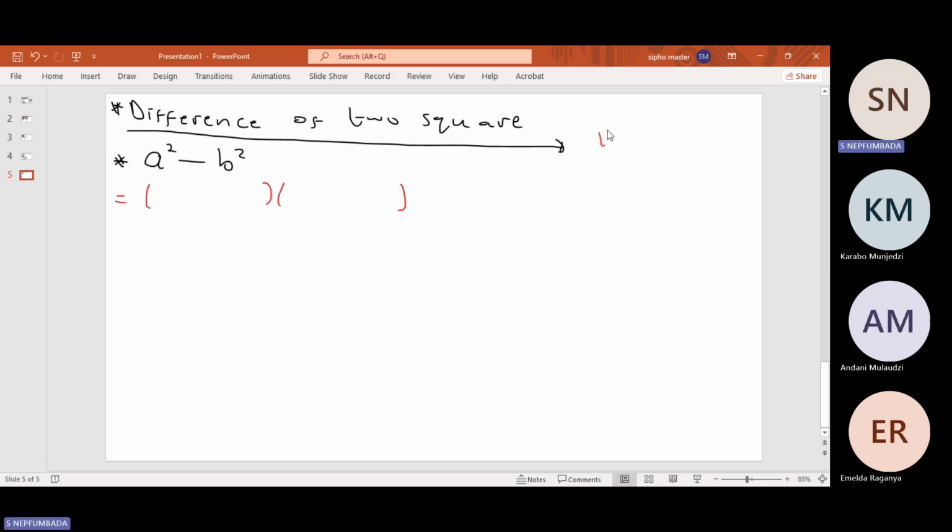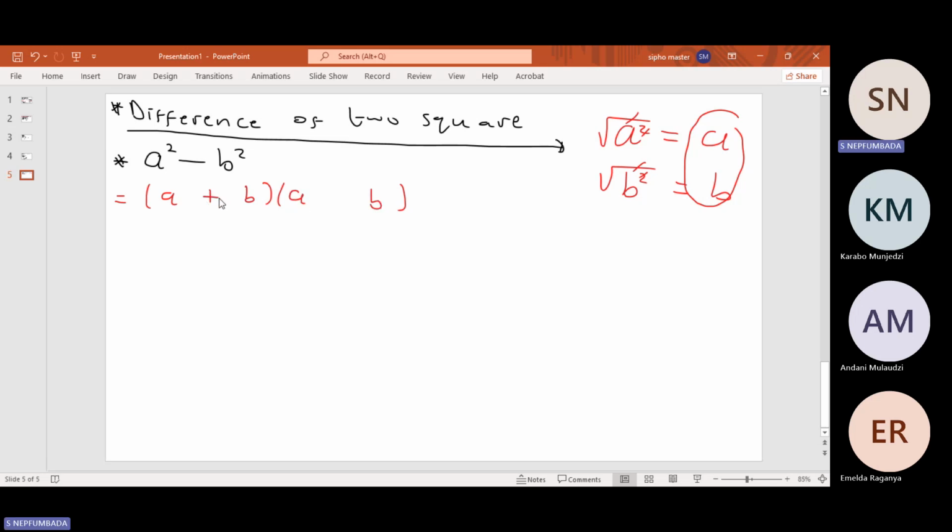We take the first one and put it inside the square root, and we get A. We take the second one, put it inside the square root, and we get B. It means our factors are A and B.